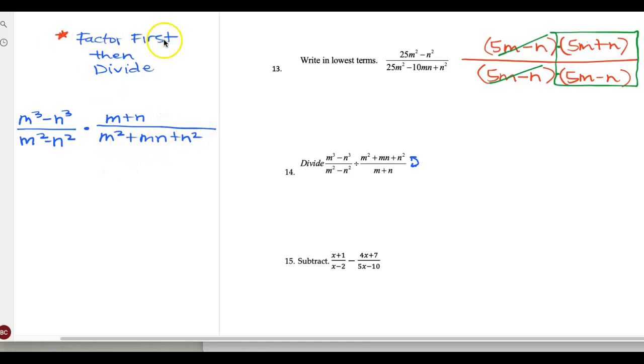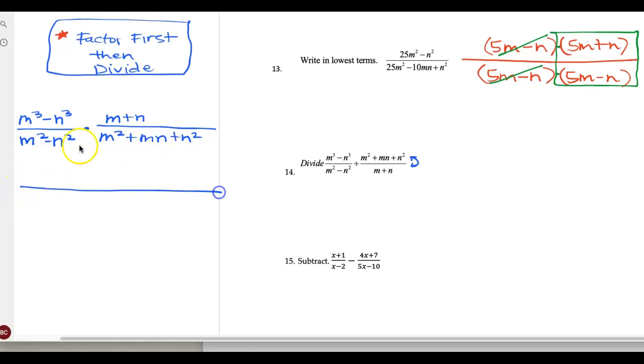Okay, so again, we're going to follow this advice here: factor, factor, factor everything first that we can. So I see on the top here, this m to the third minus n to the third, that is a difference of cubes. And so we talked about that above on how to do that type of factoring, so go back up there if you can't remember how to do it.